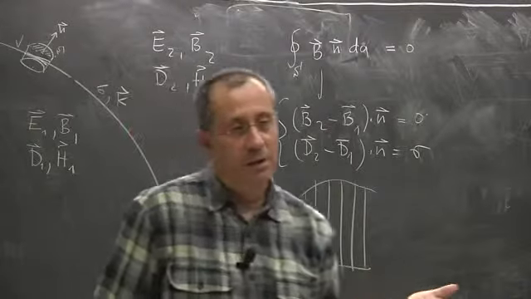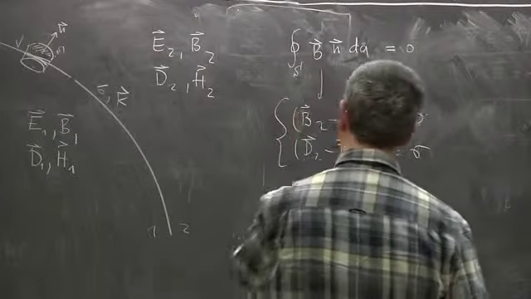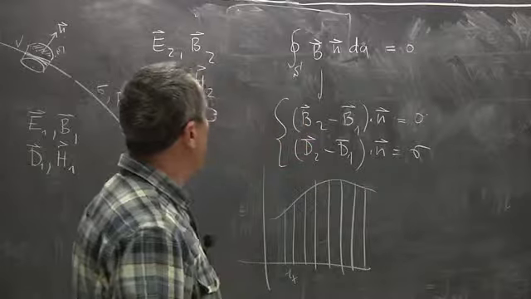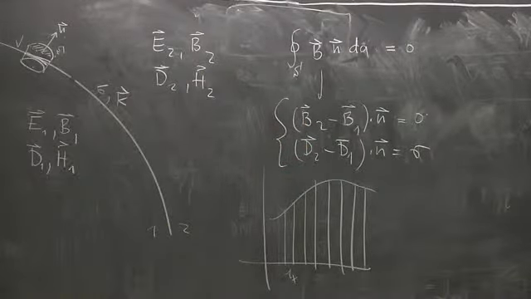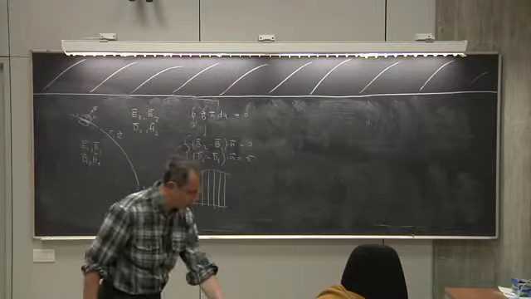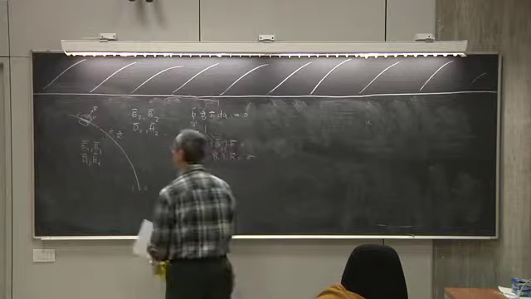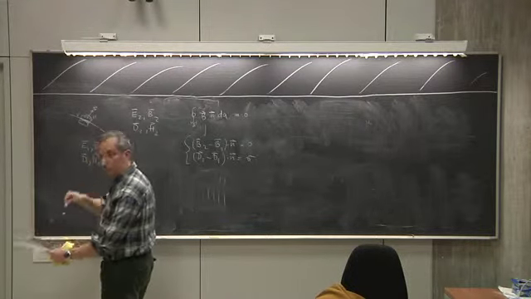But this is not surprising at all. It's contained in the Maxwell equations. Rather, the magnetic induction goes across without any jump. It's just continuous. It's the same field going across. So that was about, remember, the components normal to the surface.